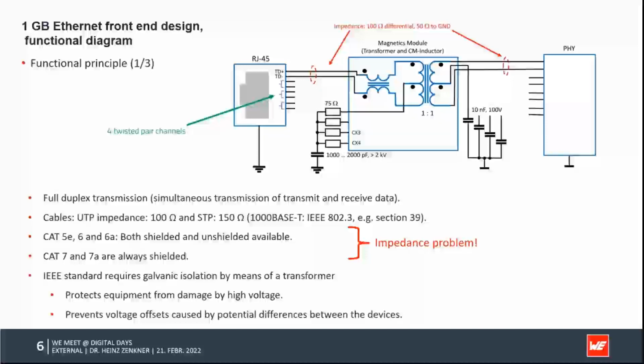So depending on which shop you go to or what you buy, you can have the one or the other impedance, 100 ohms or 150 ohms. And the 7 and 7A are always shielded, which means 150 ohms. So there will be an impedance problem already because of the configuration of the, as I mentioned, 23-year-old definition of the standard.